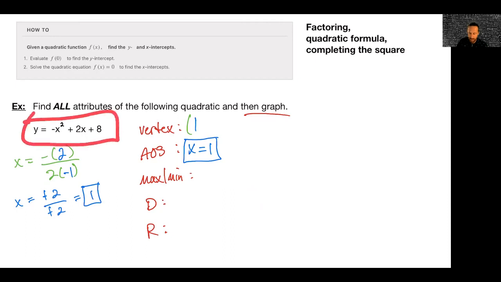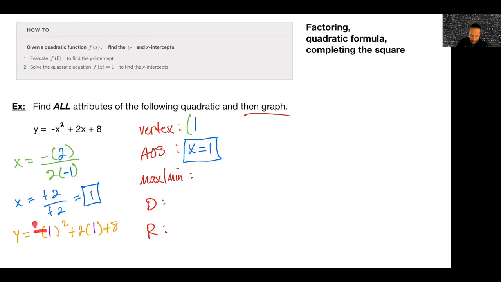So remember, anytime I'm going to replace things inside of my equation, I like to put parentheses so that I don't make any mistakes. And since we found our x is 1, I'll replace everywhere we had the x with a 1. So careful, order of operations.